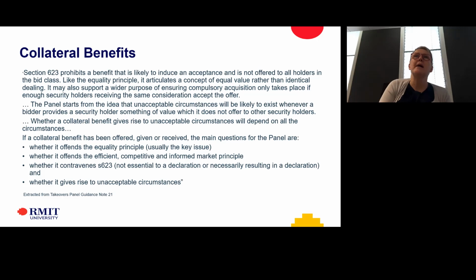So the questions that the panel looks at are whether it offends the equality principle, and that's usually the key issue, whether it offends the efficient, competitive, informed market principle. So in other words, is this a necessary adjunct to just ordinary business, or is it in some way affecting the way that the market in fact operates? Whether it can contravene Section 623, and whether it gives rise to the unacceptable circumstance.